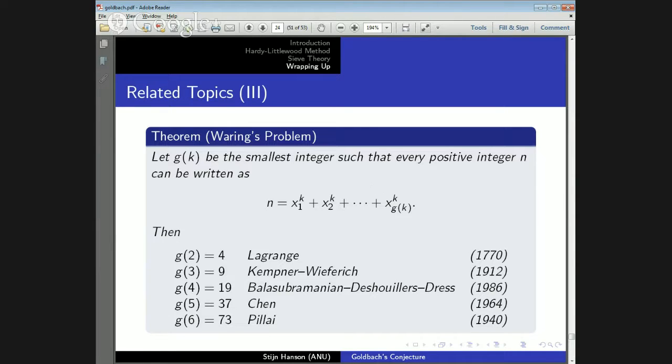So g of 2 has to be equal to 4. So you quite often get lower bounds from it where we say, okay, this number can't be written as any fewer cubes or 4th powers or 5th powers. So we get these lower bounds easily, but it's getting the upper bounds to match them which is the tricky part.